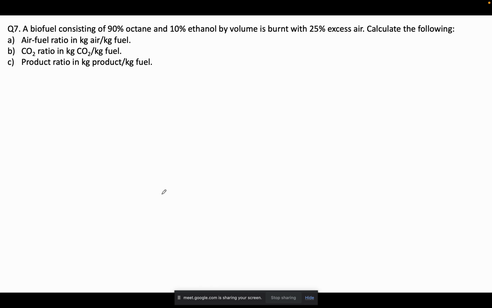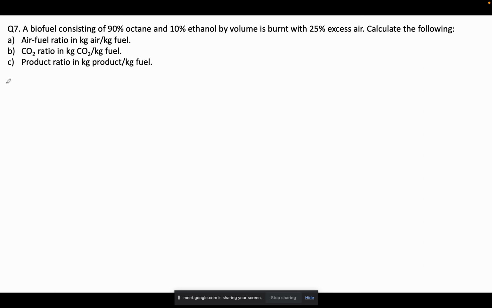Okay, so let us go to the next question. A biofuel consisting of 90% octane and 10% ethanol is burnt with 25% excess of air. Calculate the following. You have to calculate air fuel ratio by mass, carbon dioxide ratio by mass, and product ratio by mass.